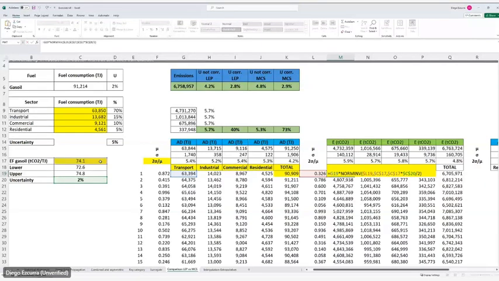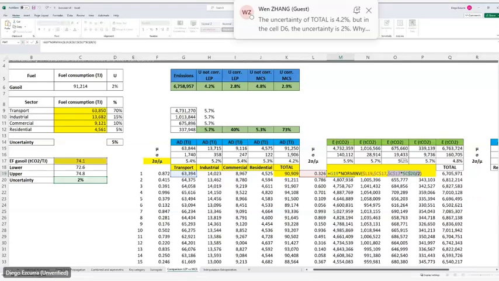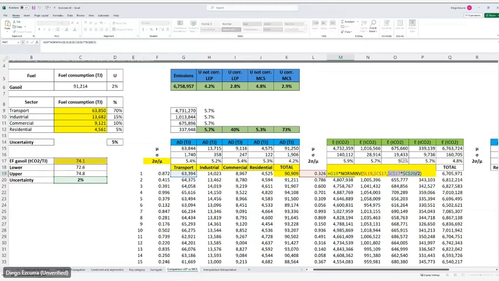Then I included the standard deviation associated to that value, which is 2% of the mean value, that's the uncertainty, and I divided by 2 to convert the half-width interval of 95% into the standard deviation.